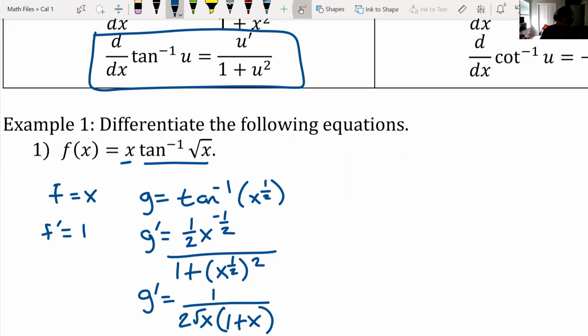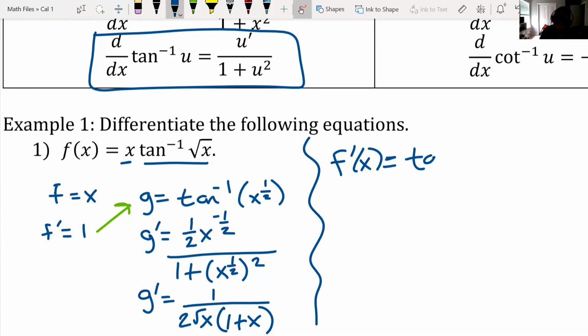Now we're ready to follow the rest of our product rule. So f prime g, I'll write that over here. We get f prime of x equal to inverse tangent of the square root of x plus g prime f.